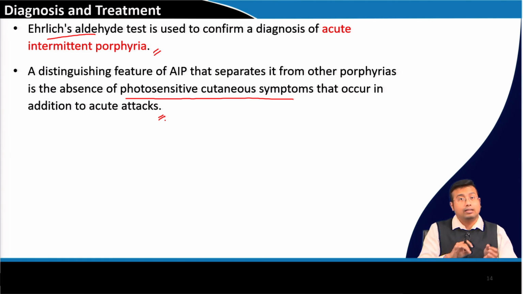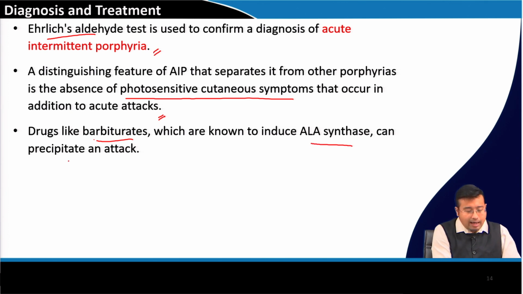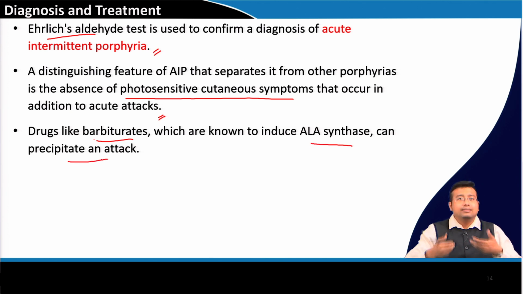It means there will be other varieties of porphyrias that do have photosensitivity, all right. So, drugs like barbiturates, which are known to induce ALA synthase, can precipitate the attack. Definitely ALA synthase is the rate limiting enzyme that helps in more and more synthesis of heme. So, drugs that are inducing the enzyme will increase the attack, right.